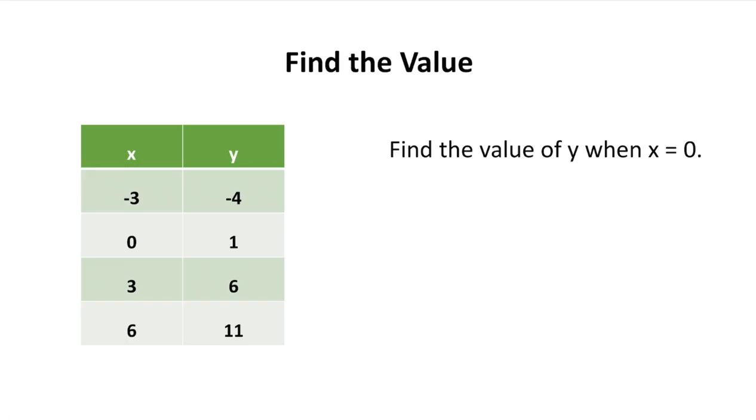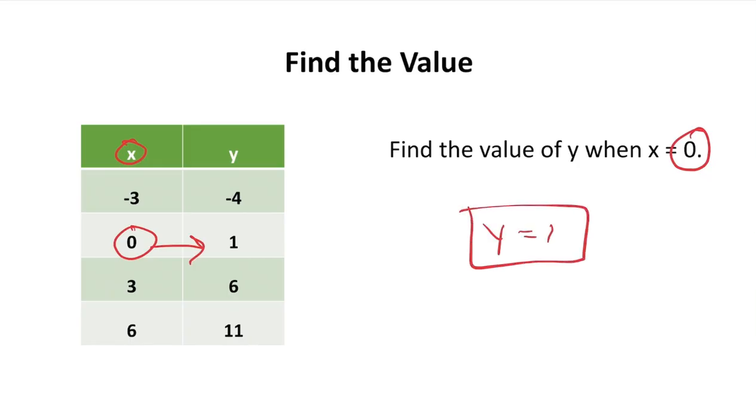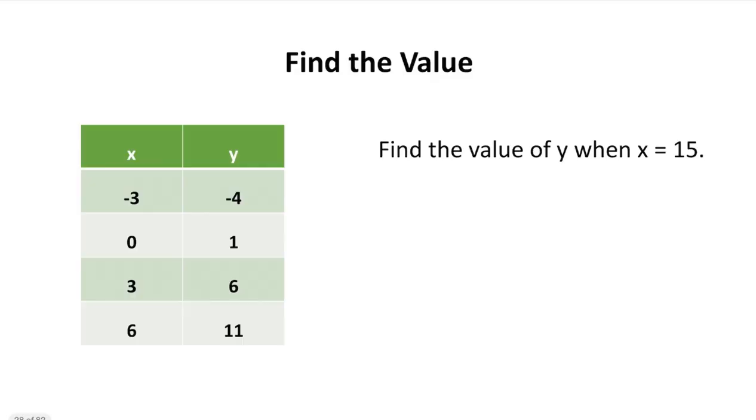All right. When x is 0, here's x, here's 0, y is 1. Easy enough. When x is 15, oh boy. So let's look for the pattern here. Plus 3, plus 3. So this is going to go 9, 12, 15.